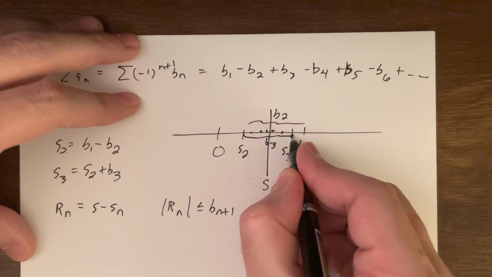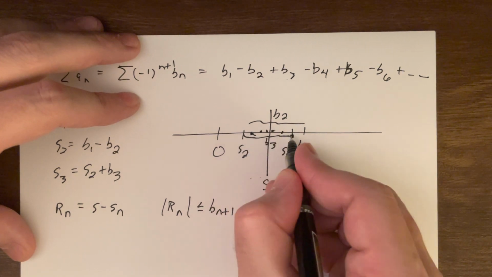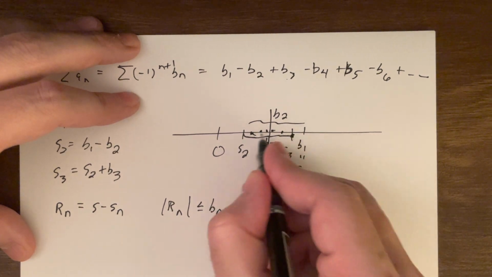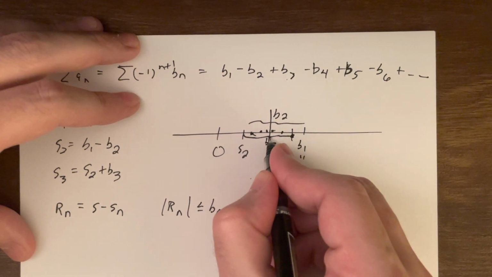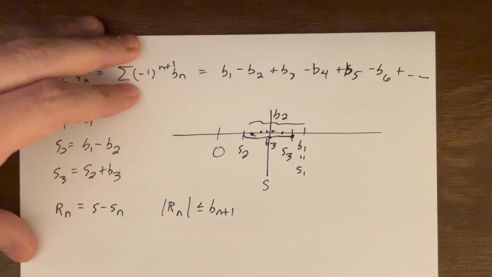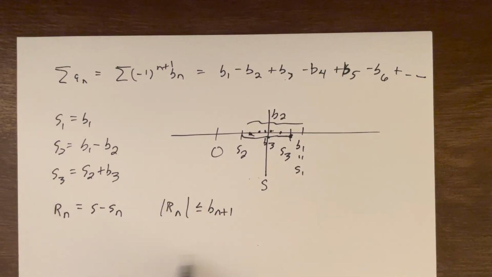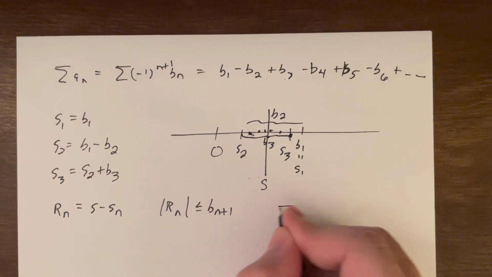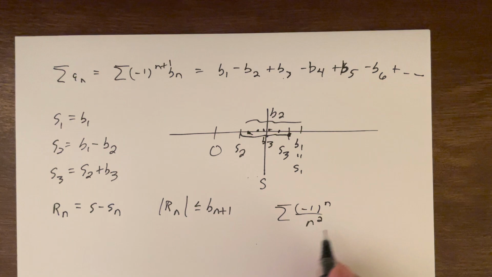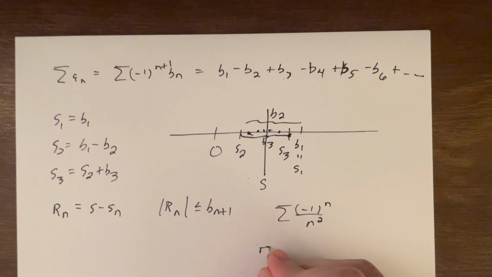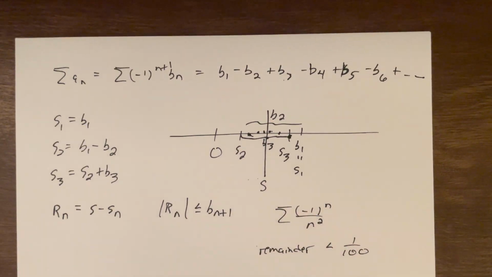So if I bounce from here to here, going from S3 to S4, that distance would be B4, and that B4 distance is greater than the distance S3 is from here. And similarly S4 is from here. So that's just a cute little way to try, and again, a nice way, as we've talked about, if I have the alternating series, how long until this series has a remainder less than 1 over 100?